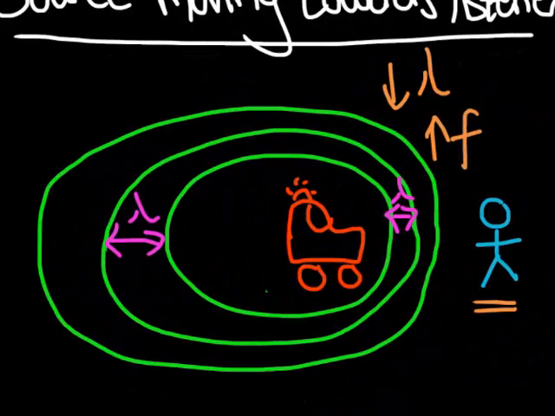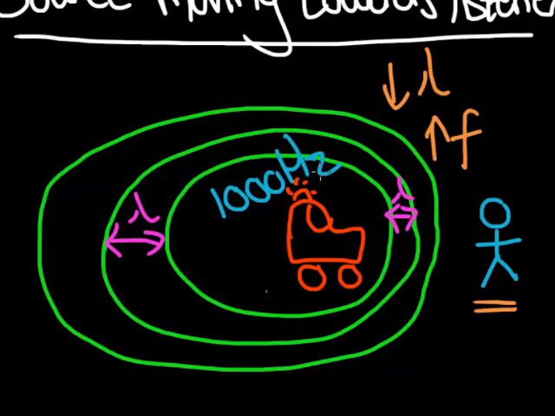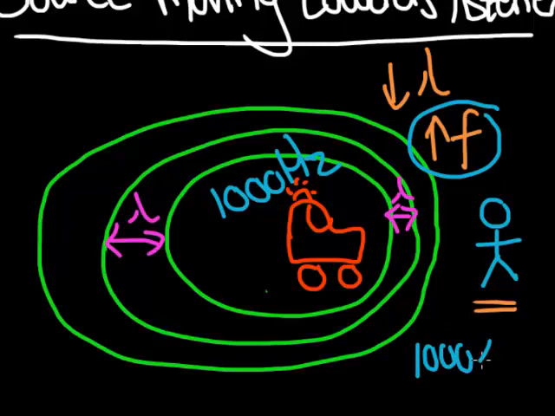But now that it is moving, it is still emitting 1000 Hertz, but you will now be hearing a higher frequency than 1000 because the waves are shorter in the front, which is inversely proportional to the frequency, which means a higher frequency. Thus you will in the end hear a frequency that will be greater than 1000 Hertz.